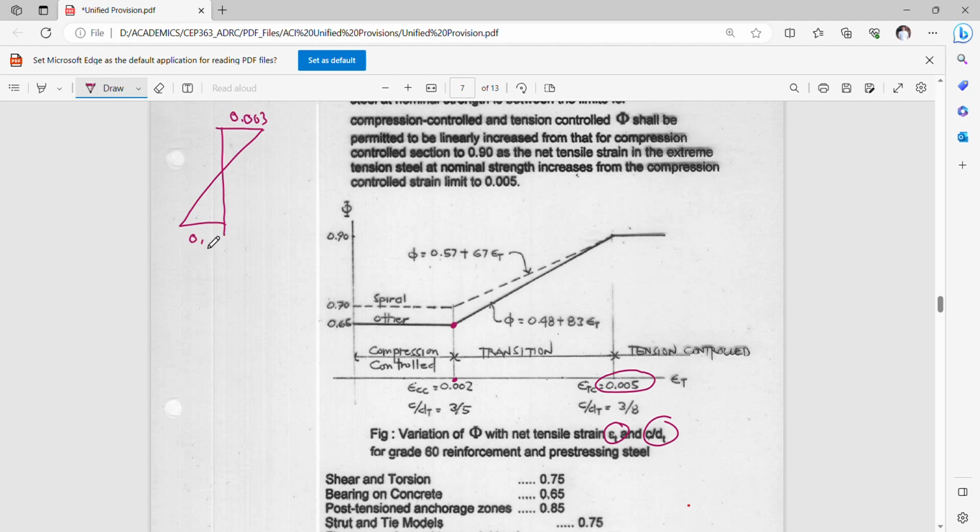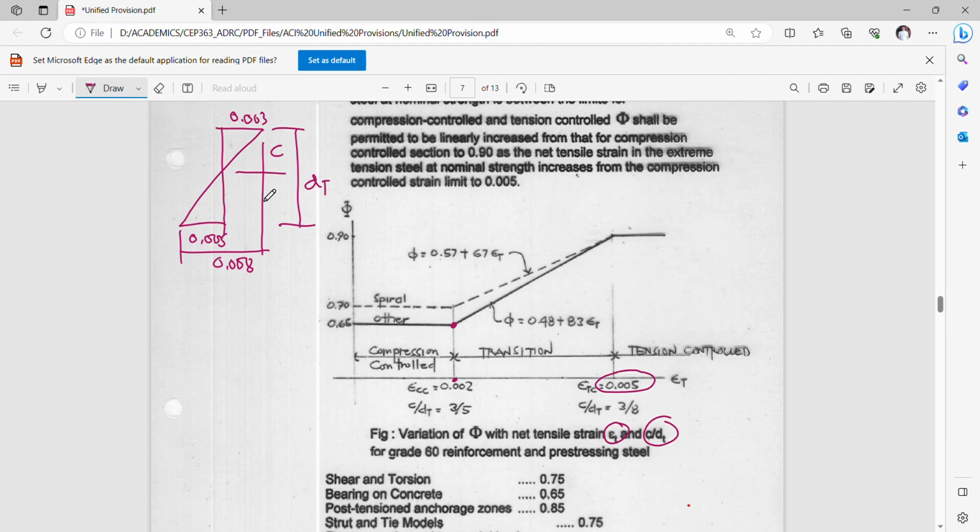So this is 0.005. Okay, so this becomes 0.008. So this is 3 over 8 of your c over dt. Sorry, I'm referring to this 3 over 8 of your c over dt. So this is now 0.005.